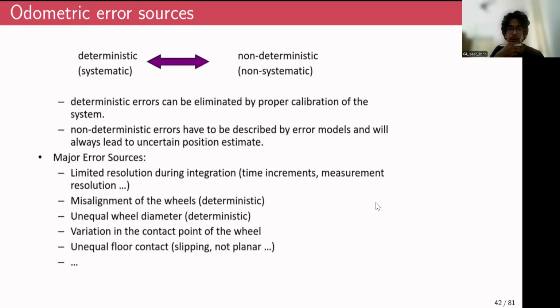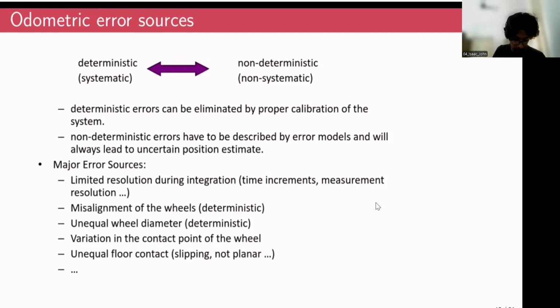However, they can be modeled using some distributions. Even though we cannot accurately model them, we can have a very good representation of these non-deterministic errors by representing them using some error distributions.